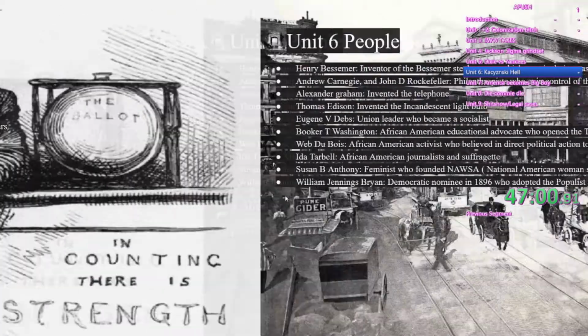Now, before onwards to Unit 7, for Unit 6 important people, you should know the captains of industry like Carnegie and Rockefeller, people who invented important things like Bessemer, Bell, and Edison. Eugene V. Debs, union leader.